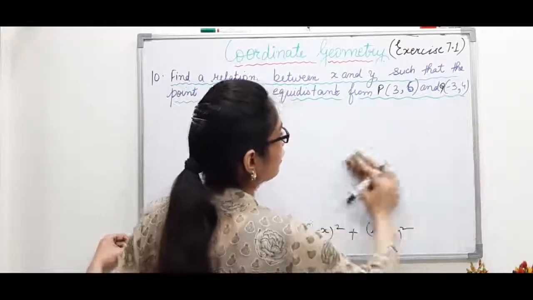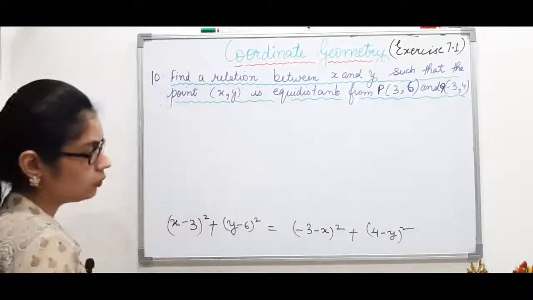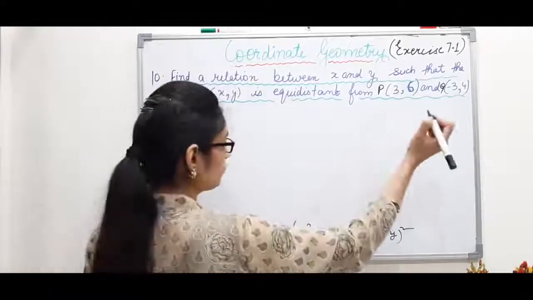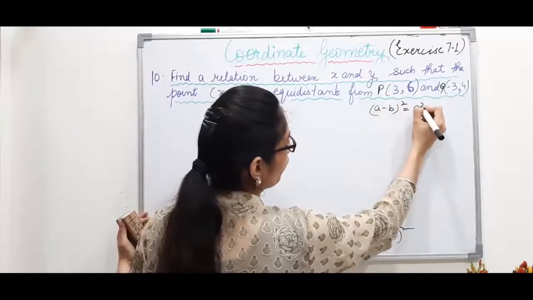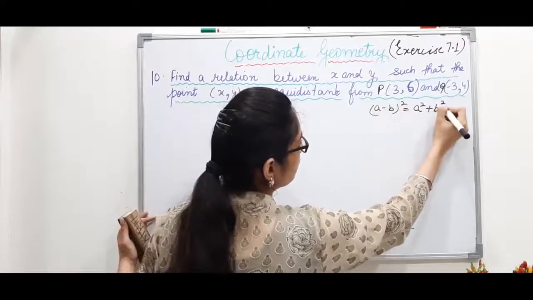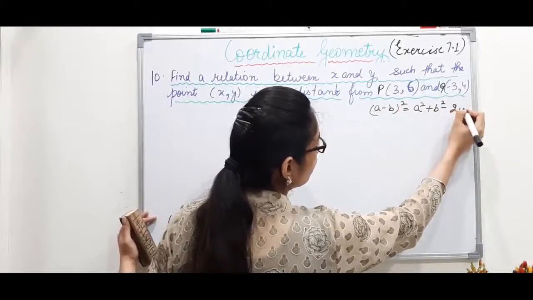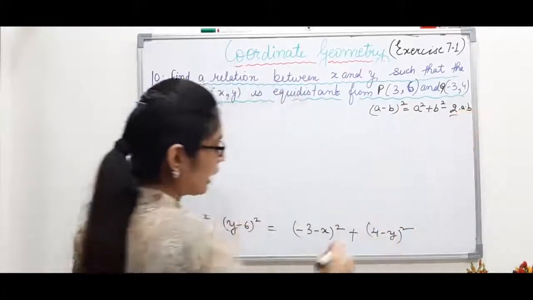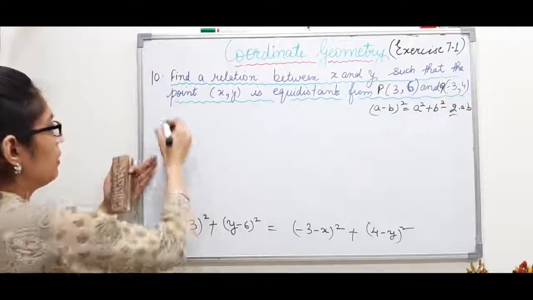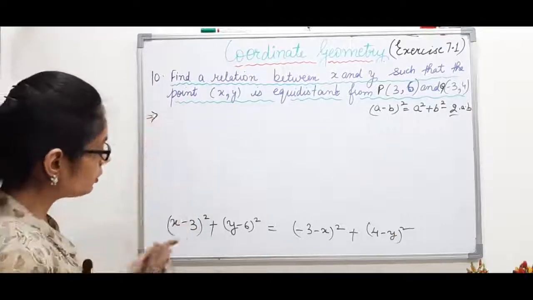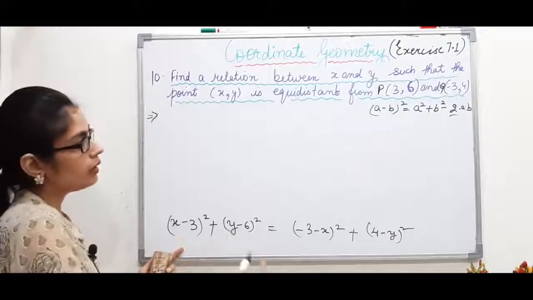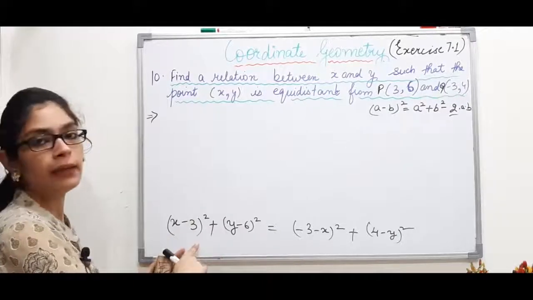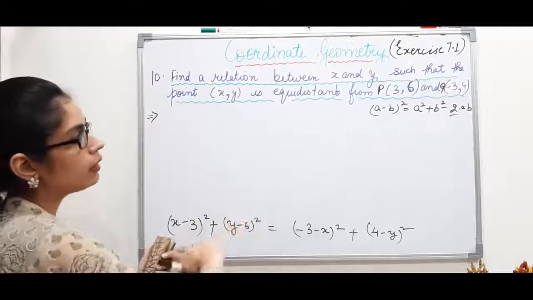Now the identity which we have already used: (a minus b) whole square is a square plus b square minus 2 into a into b. This identity we will use again. In the first term, (x minus 3), your a is x and b is 3. So we will expand it using that formula.